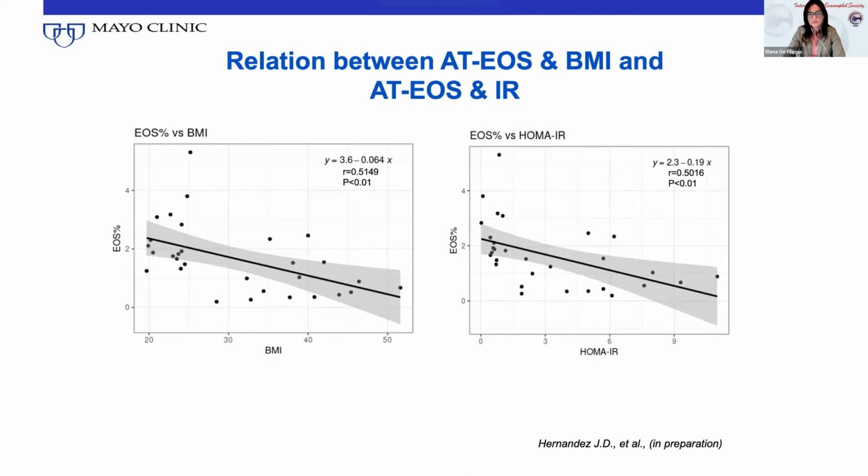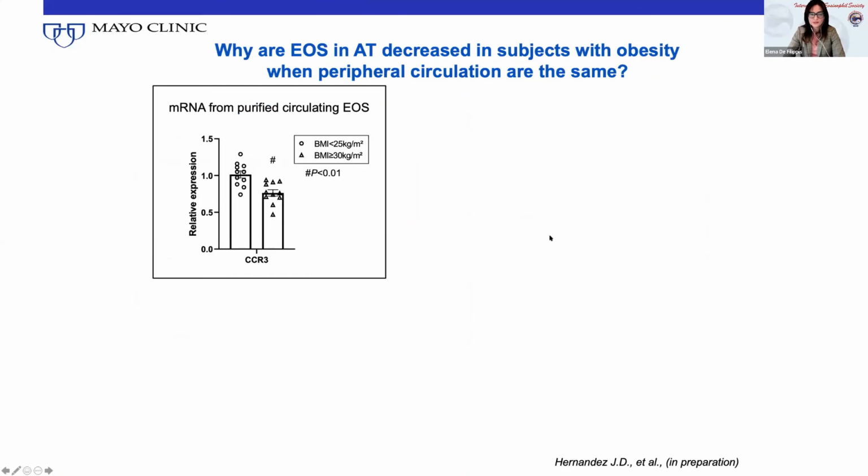What is the role of eosinophils in adipose tissue? Why is there this tight correlation? And even so, why are eosinophils decreased in adipose tissue? We tried to look for some answers to these questions, and we started by collecting eosinophils from the peripheral blood of our subjects, both lean and obese, purifying them, isolating mRNA, and looking for CCR3, the chemokine receptor that is the known receptor for one of the chemoattractants for eosinophils in tissue.